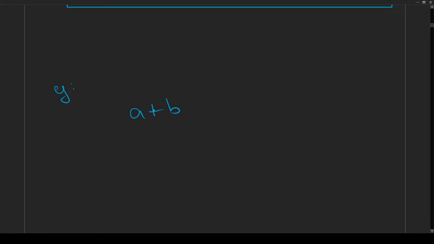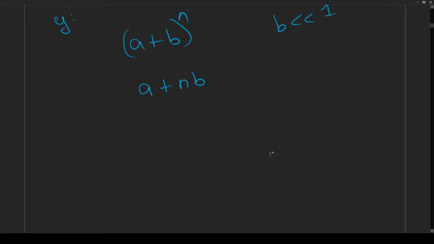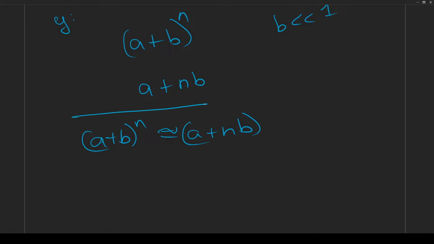a plus b whole power n, assuming b is very much smaller than 1, we can write it as approximately a plus nb. Basically, substituting the power here.